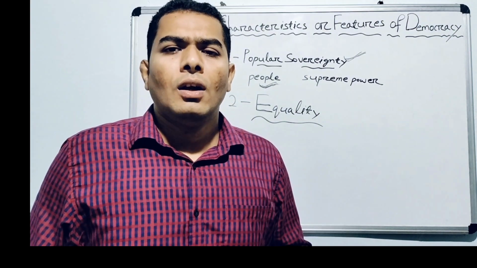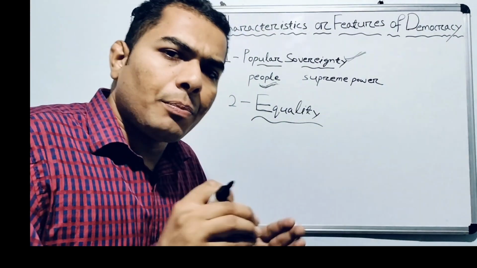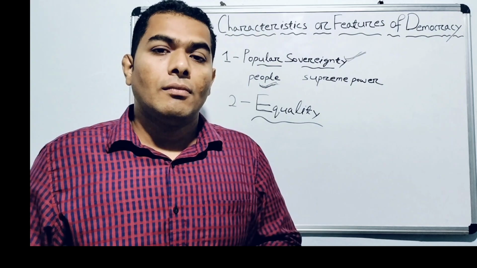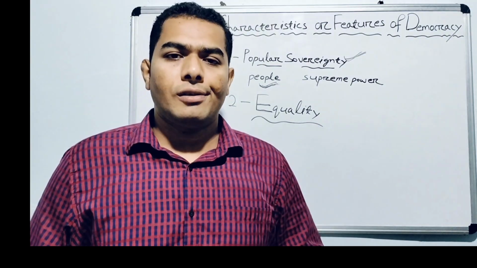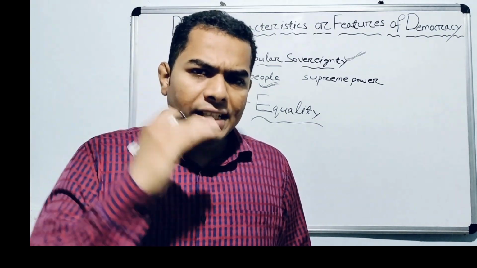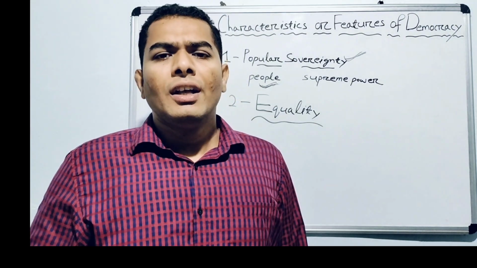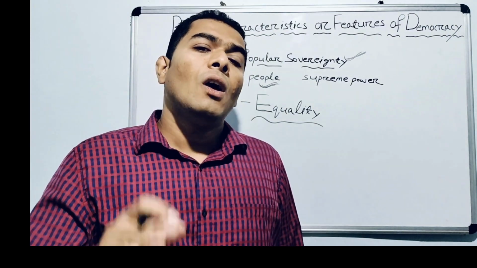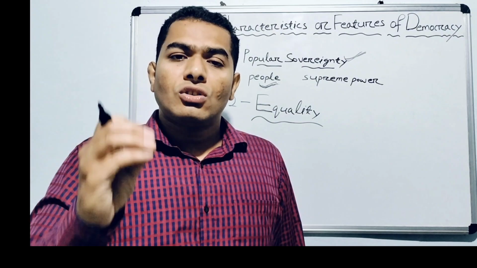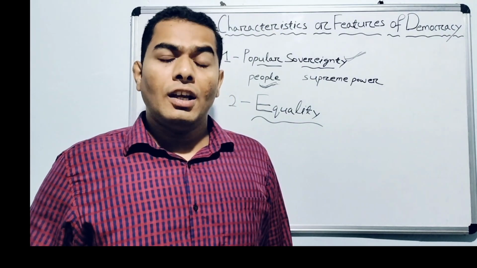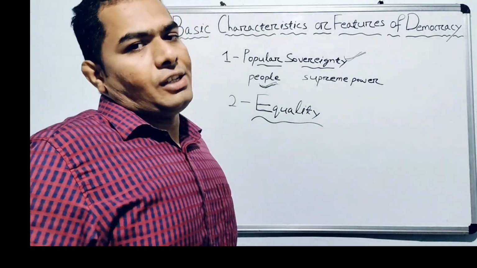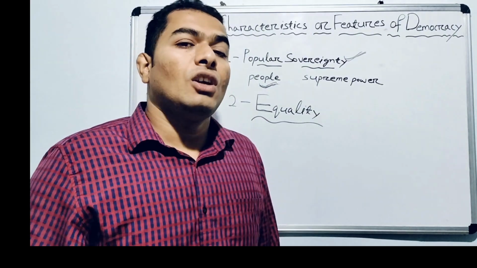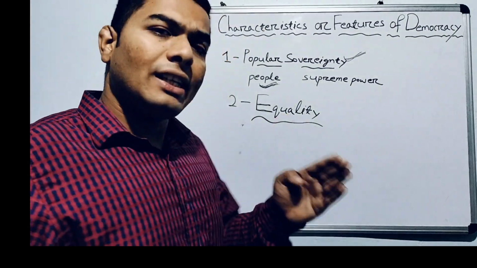Though there are so many types of people living in society, there is equality. In society, everyone will be respected and no one will be exploited. There will be no human trafficking, torture, or exploitation. Everyone has the equal right to live a dignified life in society. That is social equality.